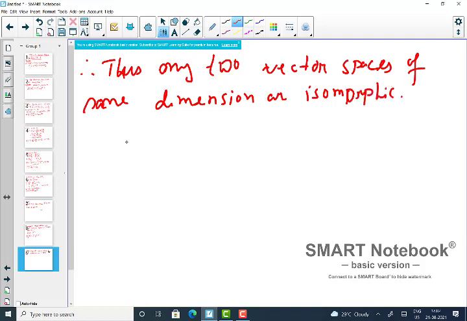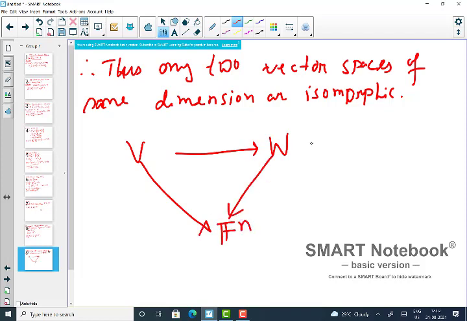So what does that mean? That means you have V, you have W, and you have Fn, both of the same dimension. Then with respect to some basis you have phi, or psi, whatever, with some B dash here, the isomorphism.